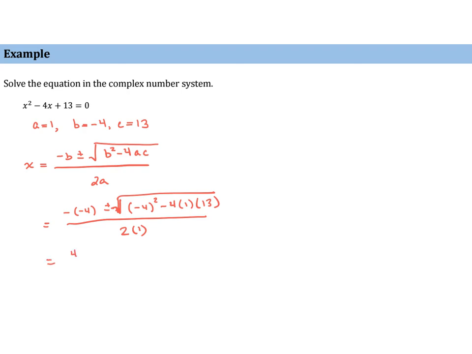So we have 4 plus or minus the square root of 16 minus 52, all over 2.